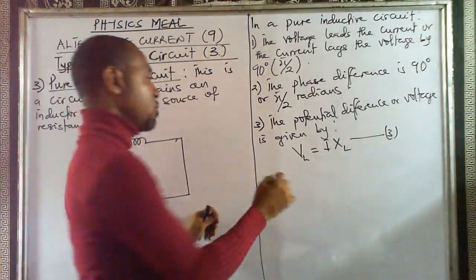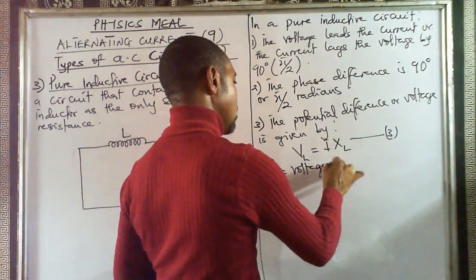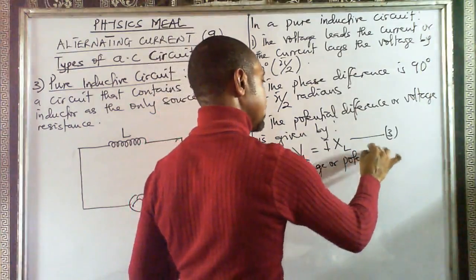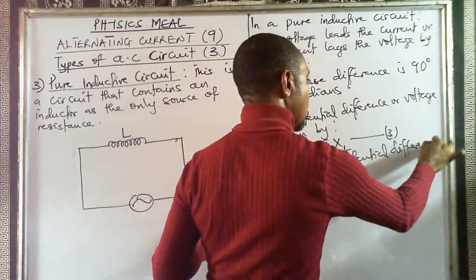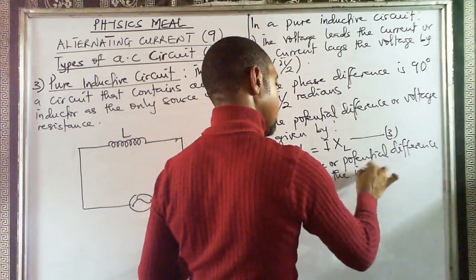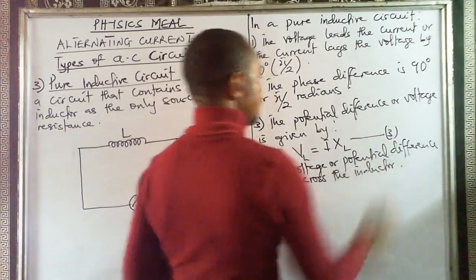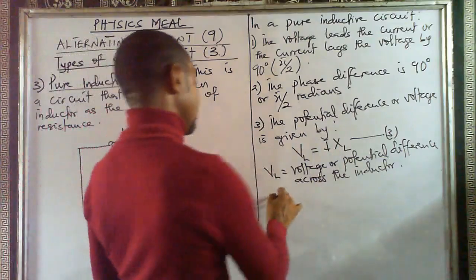We know that VL is the voltage or potential difference across the inductor, I is current, and XL is inductive reactance.